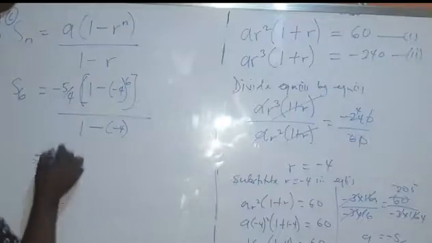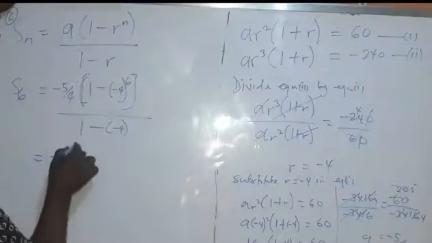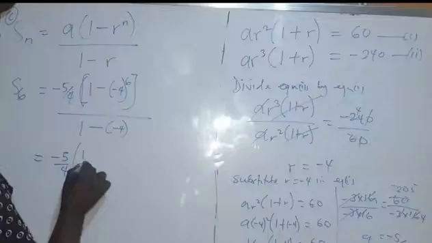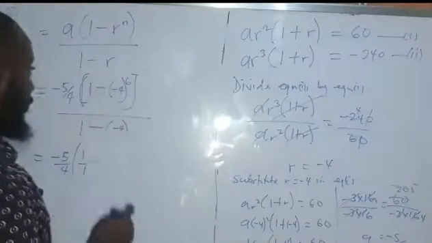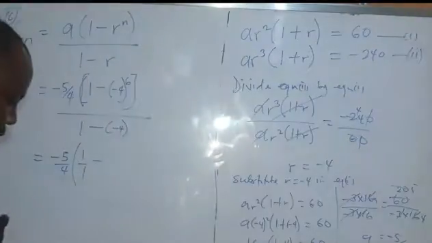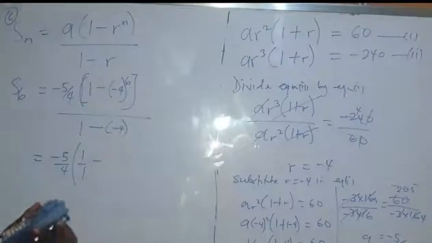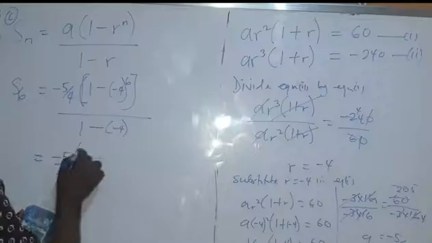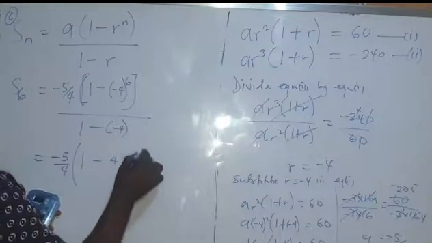So we can then have this. We then solve, that's minus 5 over 4 into 1 minus, so minus 4 raised to power 6 will give us a positive. So 4 raised to power 6 gives us 4,096, and this is just 1 minus 4,096.